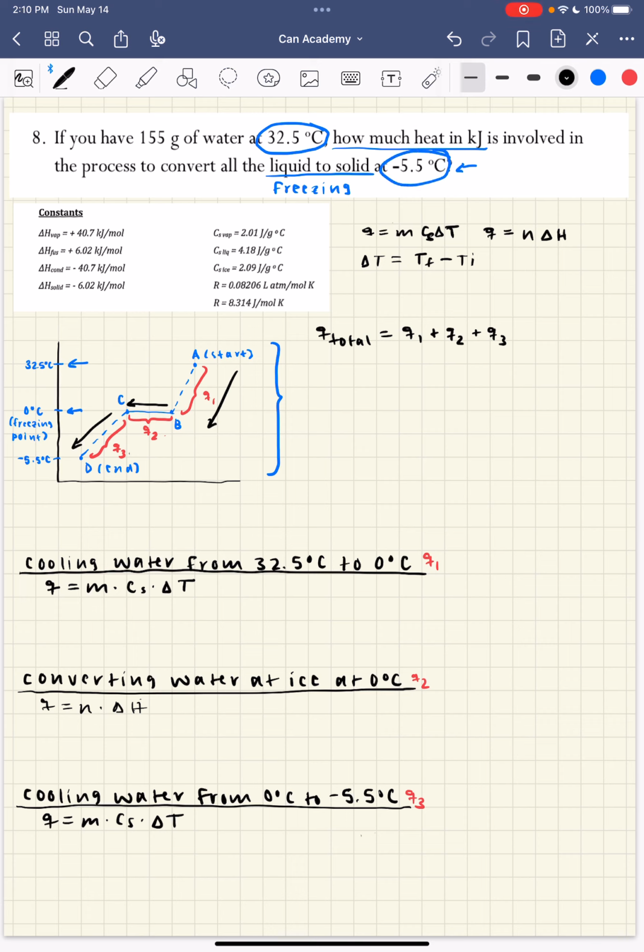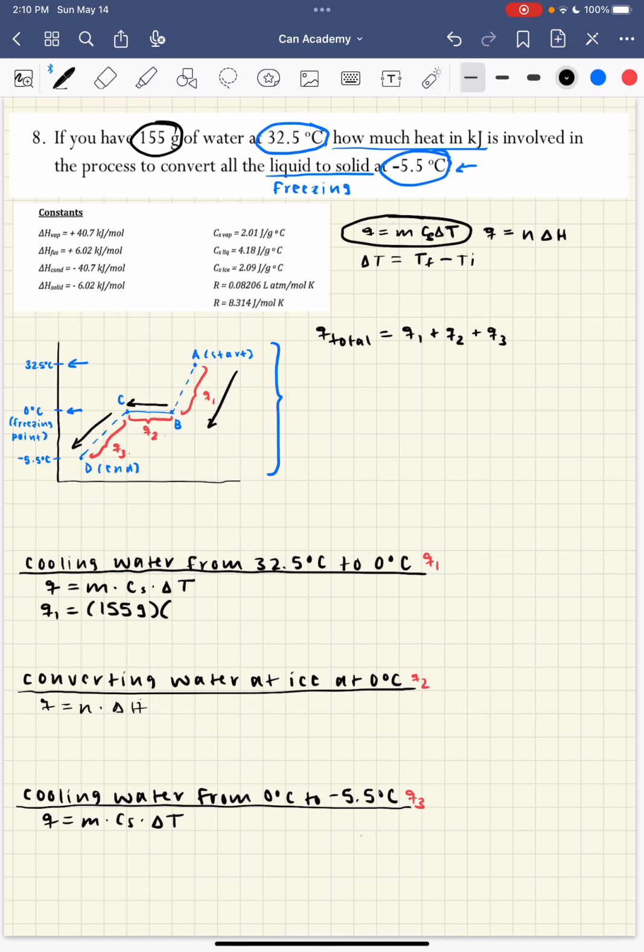So the first thing we're going to want to do is find the heat for Q1. To figure out which equation we're going to want to use, we need to see what's actually going on in this segment. What's happening is there's going to be a change in temperature, obviously. So we know that we're going to want to use the equation for heat that involves change in temperature. So Q1 is equal to the mass, and we're given the mass of 155 grams, times the specific heat.